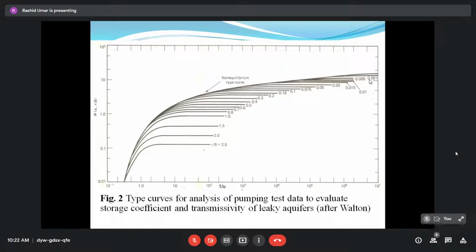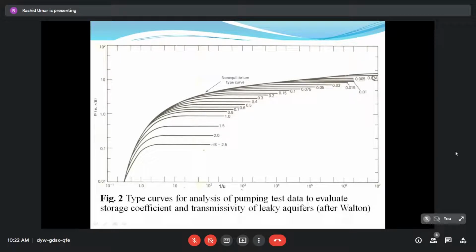This is one graph, where the R by B is 2.5. This is the second graph, where the R by B is 2. Here it is 1.5. Here it is 1. And the last one which I can see here is 0.001. The value of leakage varies from 2.5 to 0.001.